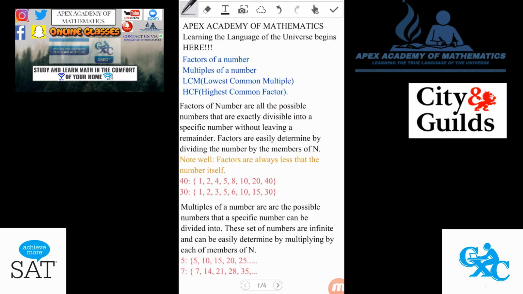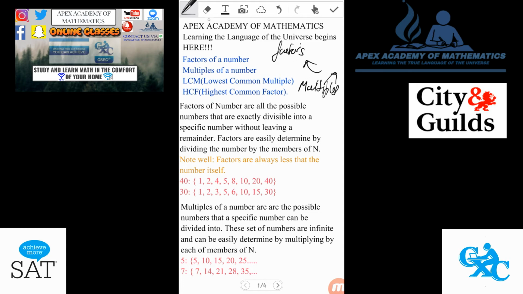Remember, let's just write it down here for you. Factors are what go into them, and multiples are what they can go into. So out into numbers, into numbers.